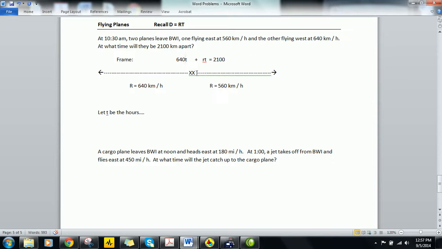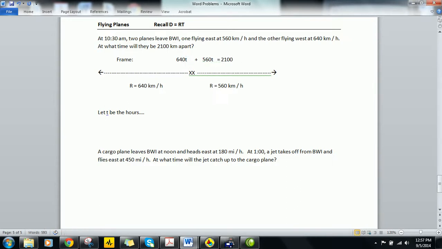Plus, because both planes left at the same time, the plane traveling eastbound is traveling for the same t that I declared here. Those t's are all the same. So the distance this plane travels is its rate, 560 kilometers per hour, times the same number of hours, t.